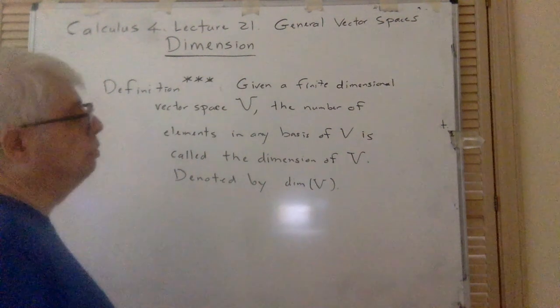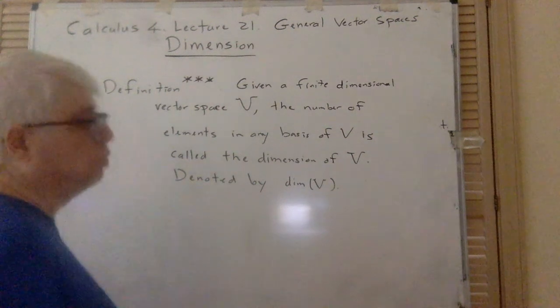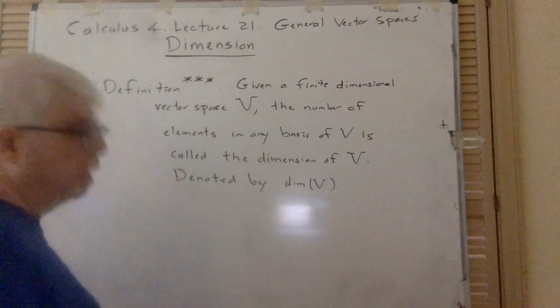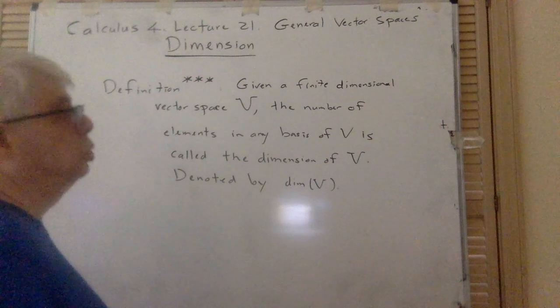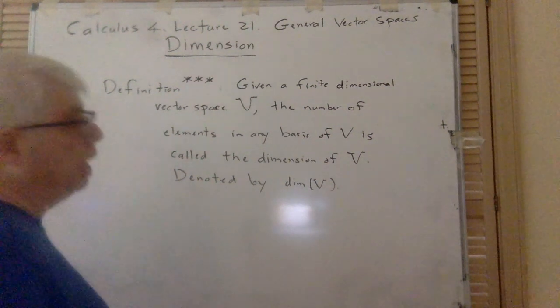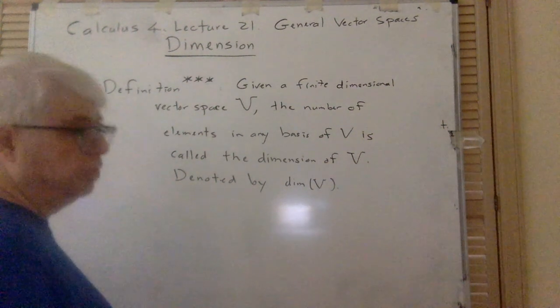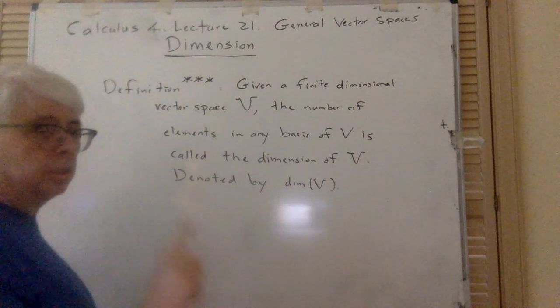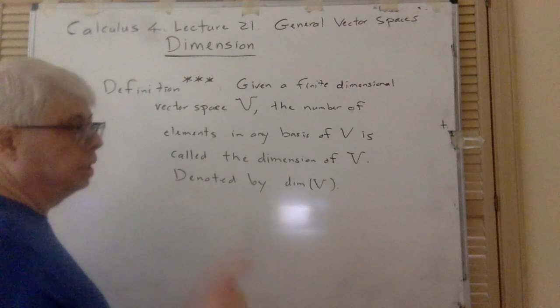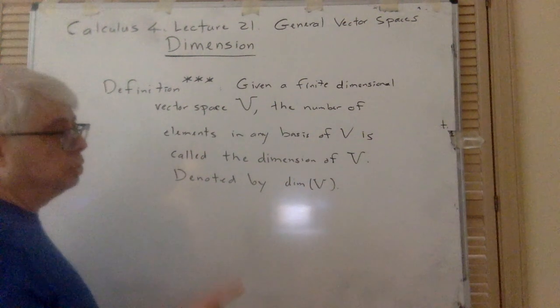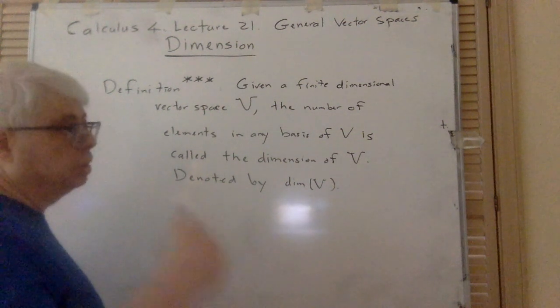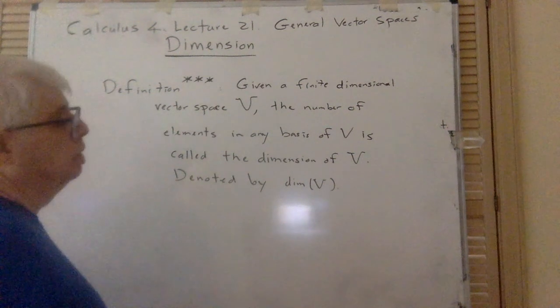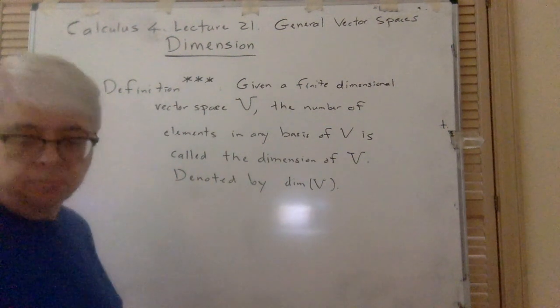So if someone can find a basis for V and it has n elements, that's it. Any other basis should have n elements. And that n will be the dimension of V. So this also means that if you can find one basis set, it not just gives you a basis, it also gives you the dimension of this space.